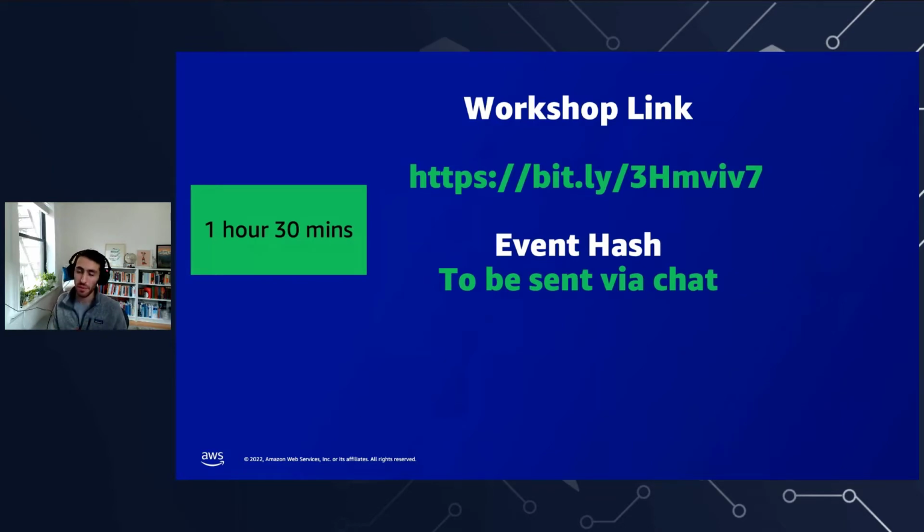This is very important that you sign out of any AWS account that you're currently signed into right now first, whether that's personal or through your organization. Please sign out, and we'll actually provide you a temporary workshop account that comes pre-configured.